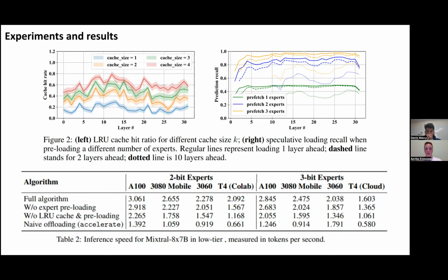Next, we have prefetching. Like Denis said, it gives also around 2 times speed up, a little bit less, actually.